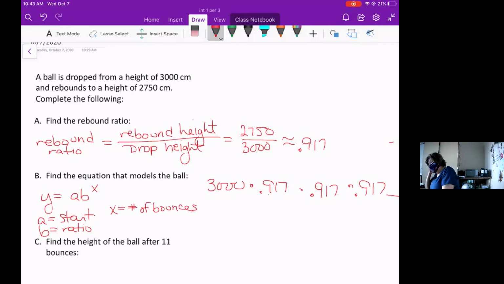So what would our equation be? Y equals, what's A? 3,000. And for the B, even though there's not a parenthesis, I'm going to put parentheses so I know that the numbers are separated. What would I put here? It's times what? 0.917 to the X power.